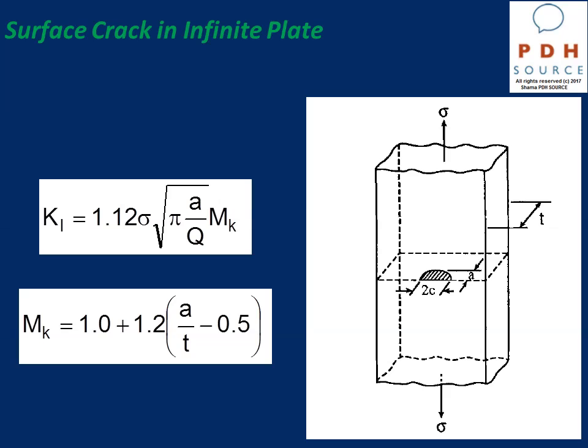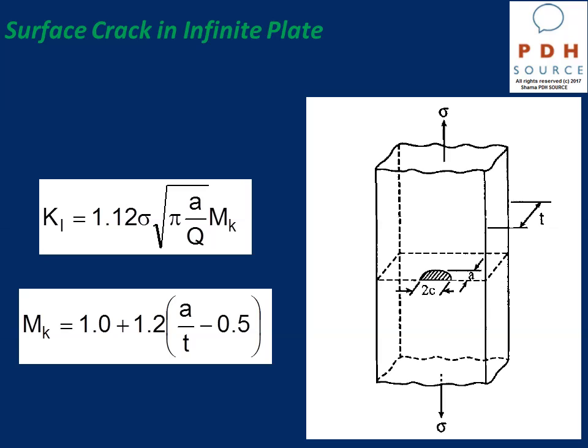Since we are assuming an elliptical crack, we have to use Q in the equation, and since the crack is not penetrating through the entire thickness, we use another parameter for this, which is mk.